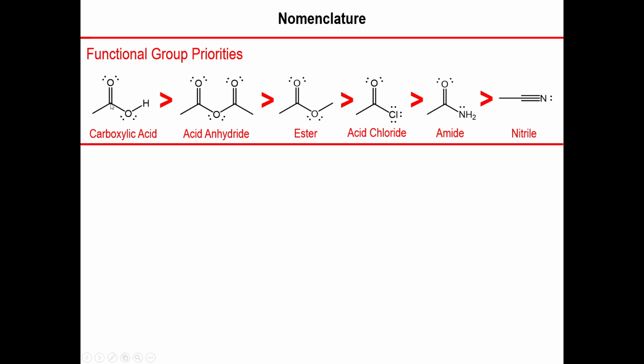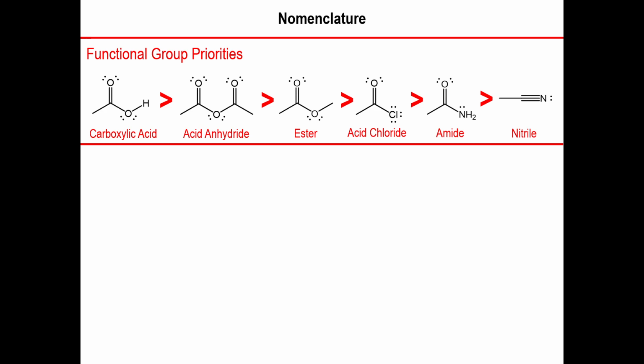The more electronegative the element to which it's bound, the higher the oxidation state is going to be, right? So that's why carboxylic acids, anhydrides, and esters are above in priority than the acid chlorides or even the amides, right? Because chlorine and nitrogen are not going to be as electronegative as oxygen. So they take lower priority. And by the same logic, the nitriles take the lowest priority out of all of this, because nitrogen is never going to compete with even one connection to oxygen.